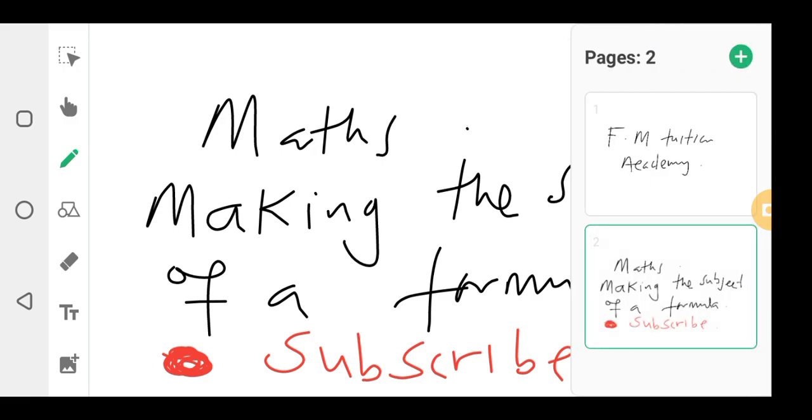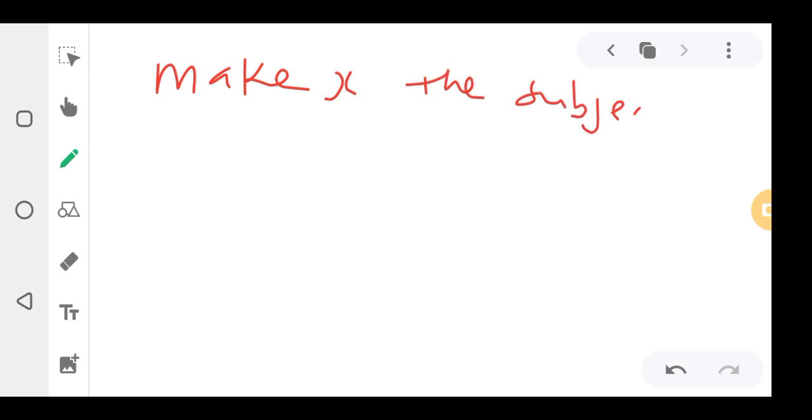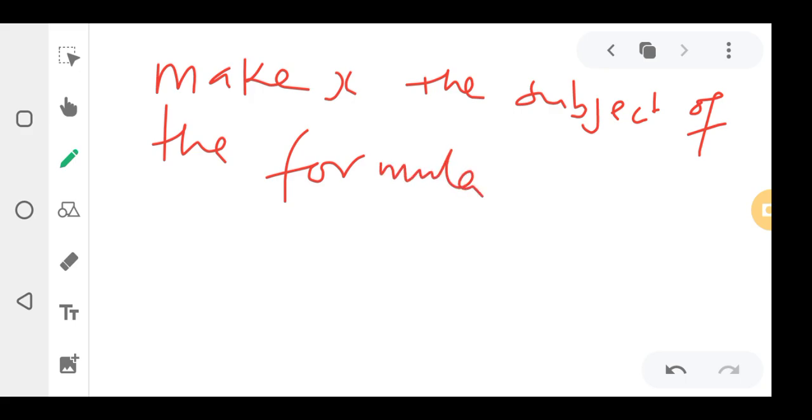Okay, let's go to the lesson. For example, if they say make x the subject of the formula, and then they give you a statement like tx minus b is equal to z.